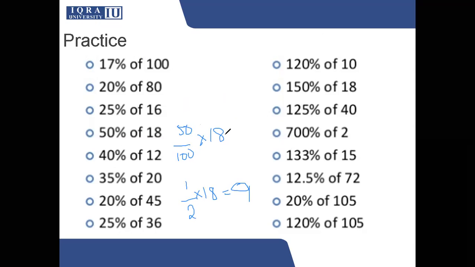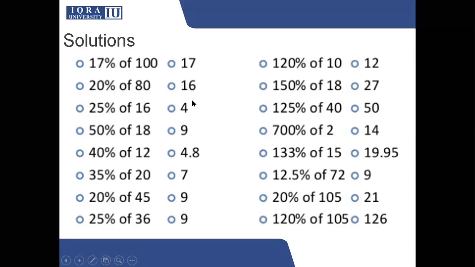So 50% of 18 is basically 9, right? So you're supposed to do all these calculations by yourself, and the answers of them are right here in the next slide, right? 17% of 100 is 17 right here, 20% of 80 is 16 right here, and likewise, right? So you're supposed to do all these by yourself and have a go, and you'll learn more about percentages.